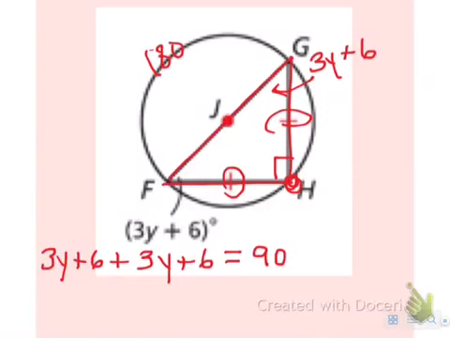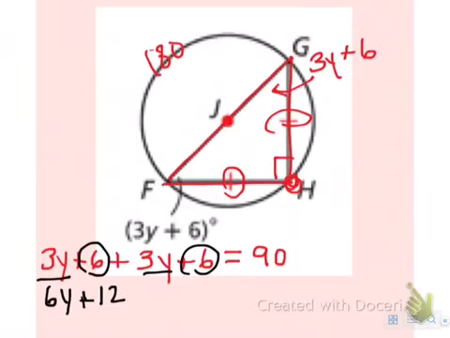If I combine my like terms, my y's are like, so if I combine the 3y and the 3y, that gives me 6y. If I combine my positive 6 and my positive 6, that gives me positive 12 equals 90. And all I have left to do is solve for y, so I'm going to subtract 12 from both sides.